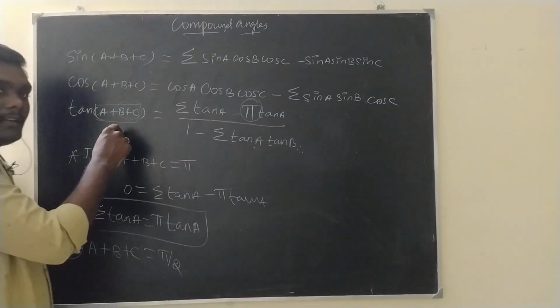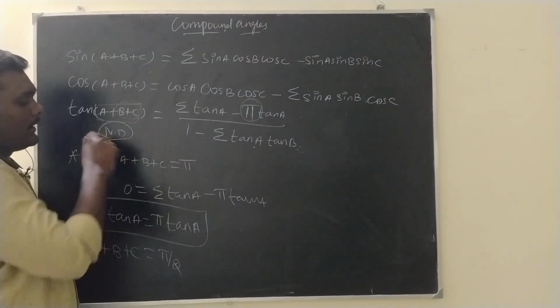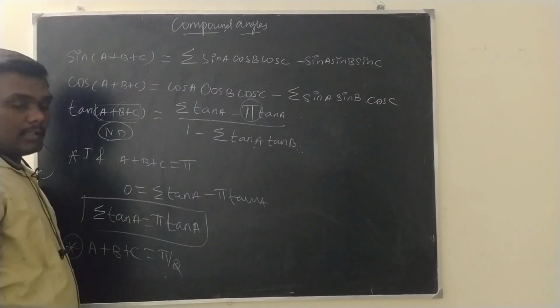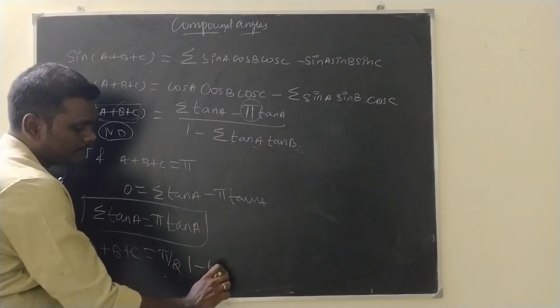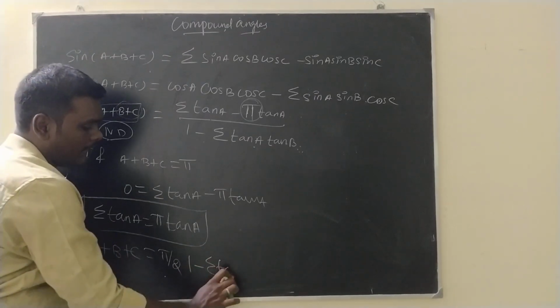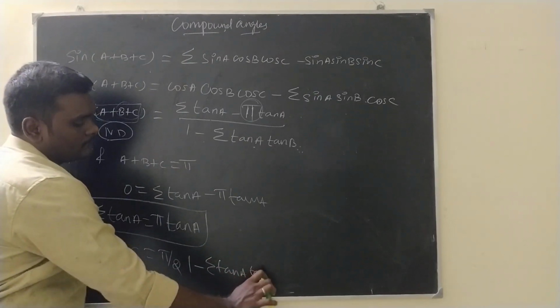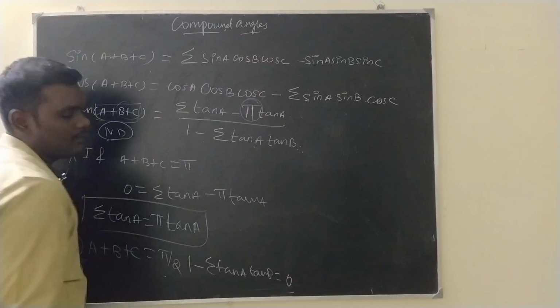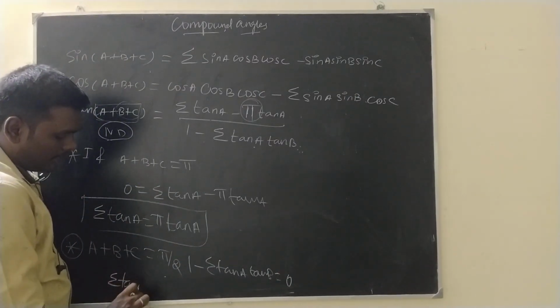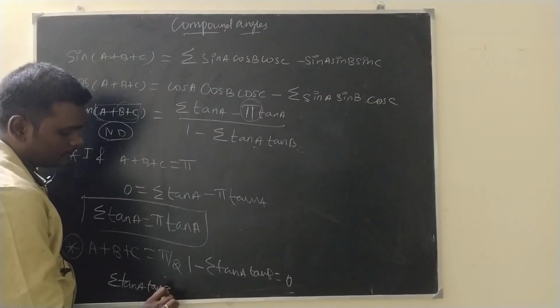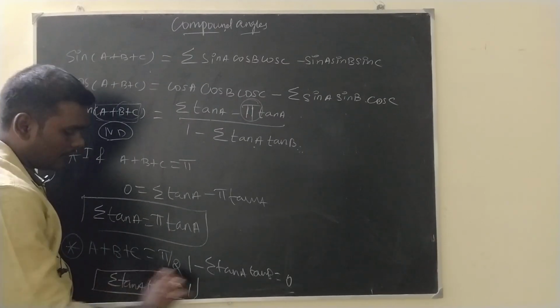So, as tan 90 degree is not defined, it means that the denominator is 0, which means 1 minus sigma tan A tan B equals 0, which means this sigma tan A tan B equals 1. That is another result.